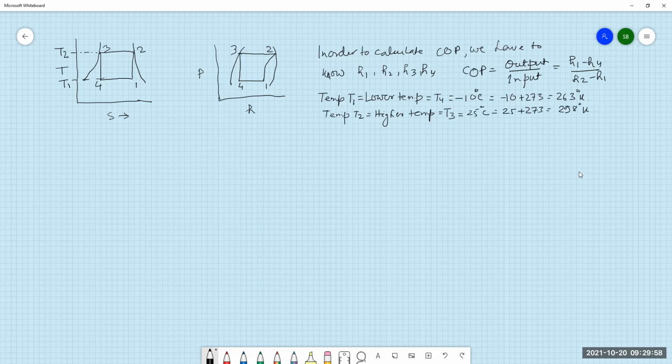Now we have to find out how we can calculate this H1, or whether it is stable or not in your given problem. What is given in the problem is the liquid heat at T1 and T2.